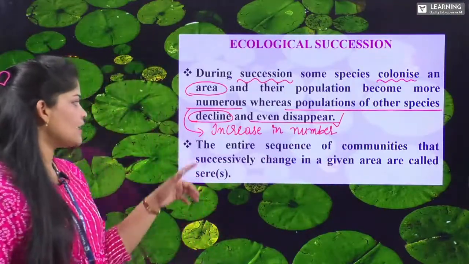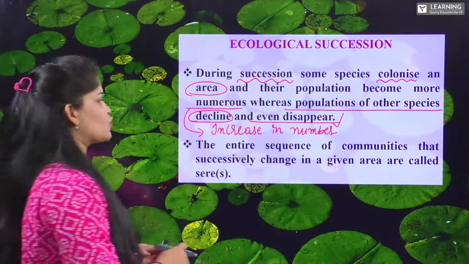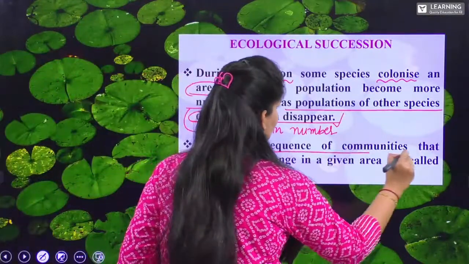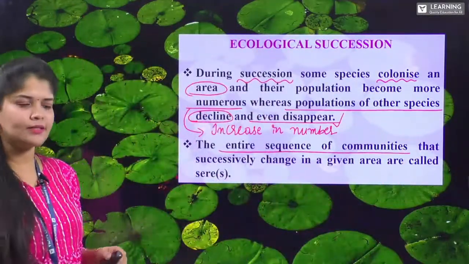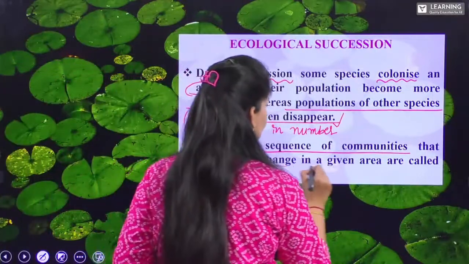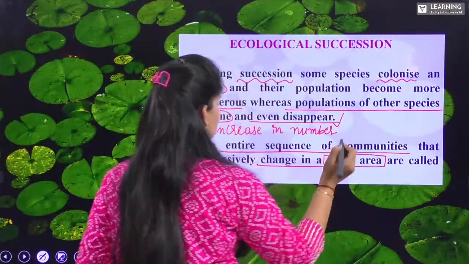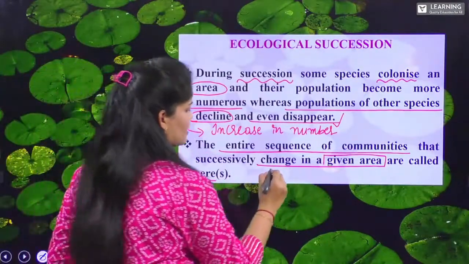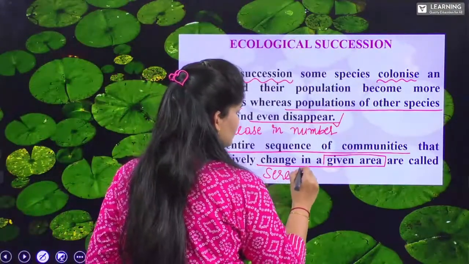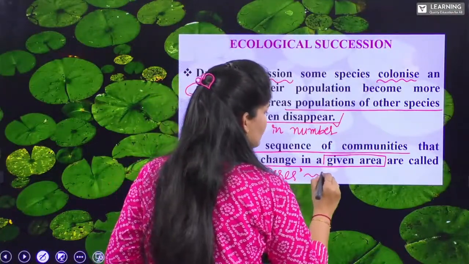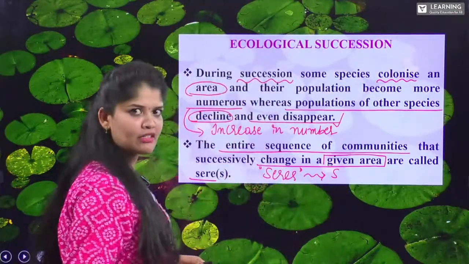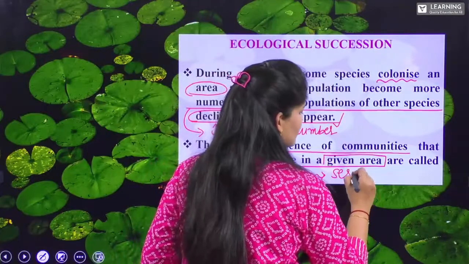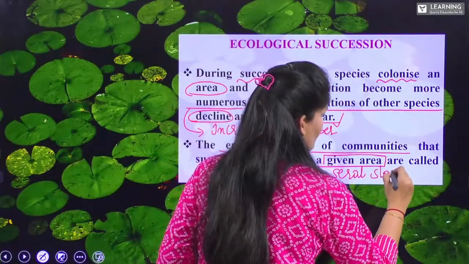And here the entire sequence of communities that successively change in a given area is called a sere, plural seres, and the stages in this series are called seral stages.